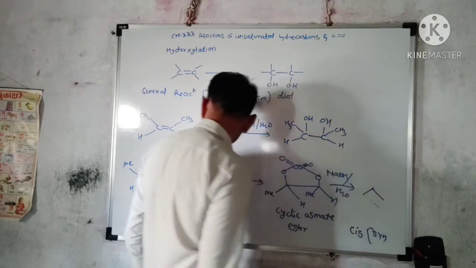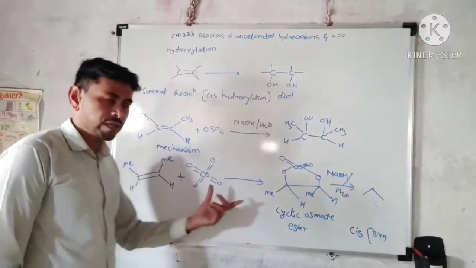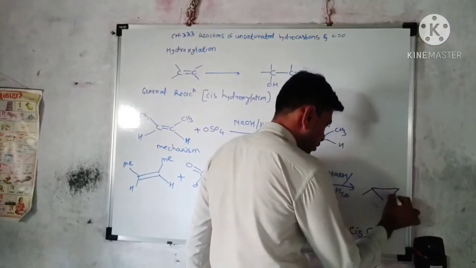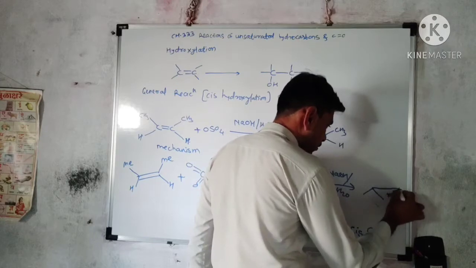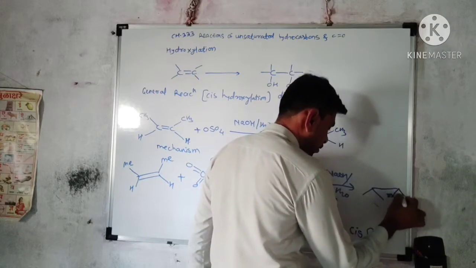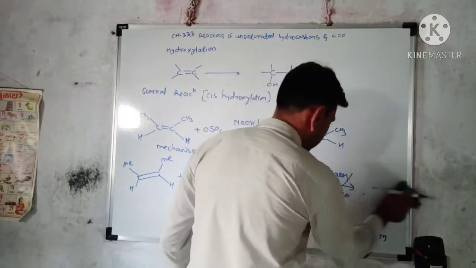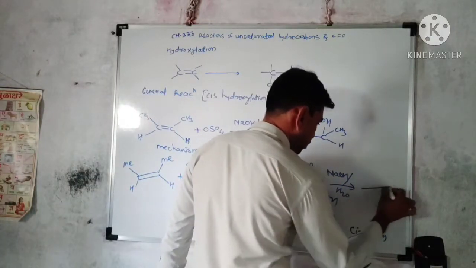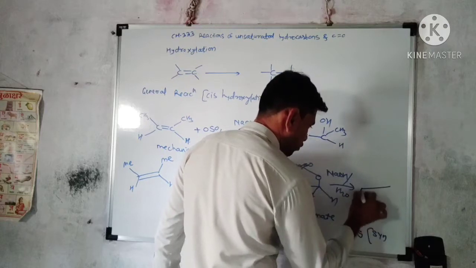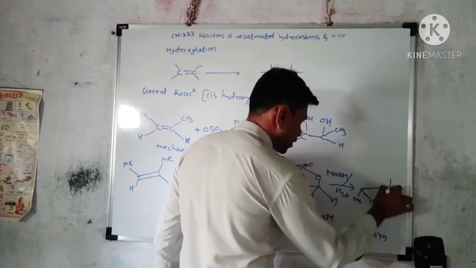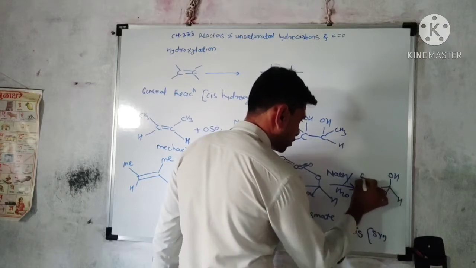Here if we use cis reactant, then we get the meso product. Here see this methyl group is at this side and we get diol formation.